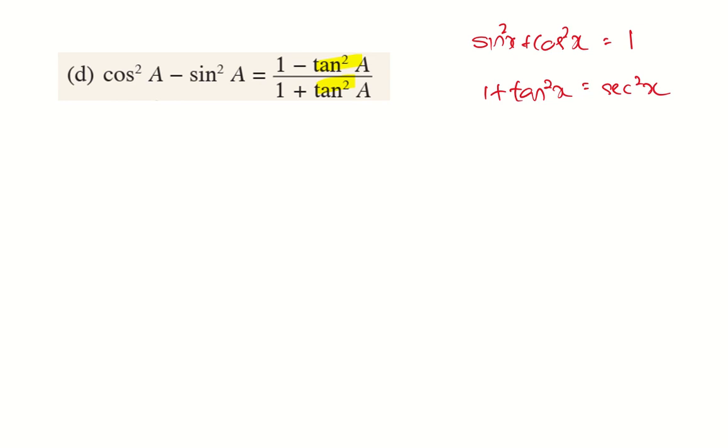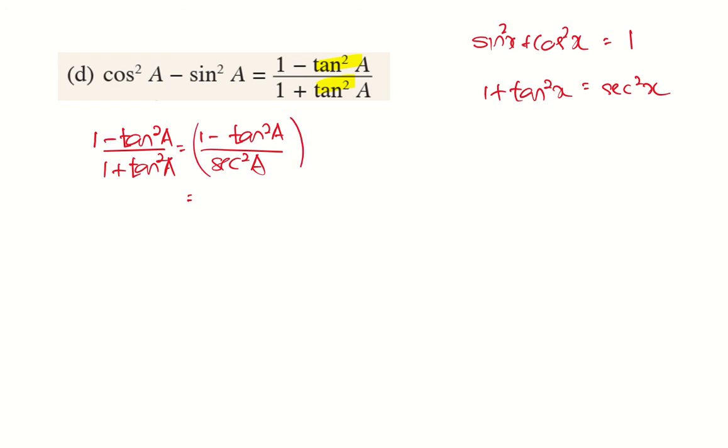So let's start from right hand side. 1 minus tangent square A over secant square A. Here we have one term, but the answer we have two terms. Okay, let's split it. 1 over secant square A minus tangent square A over secant square A.